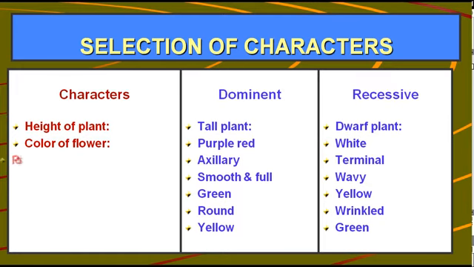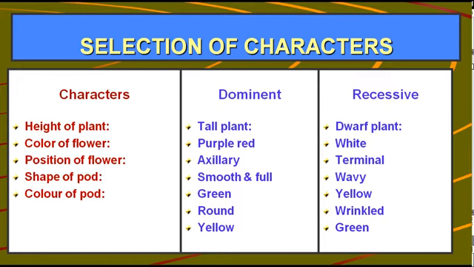Any of the 7 characters selected by Mendel can be taken for the initial experiment, and if someone wants to work on some other species of plant or animal, there is freedom of selecting any character.